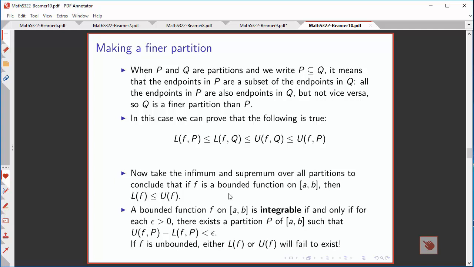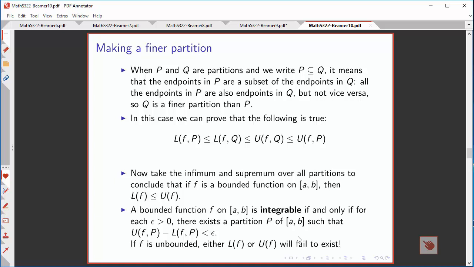How can we test for Darboux integrability? Well, that in fact turns out to be fairly easy. Pick a positive epsilon. If for any positive epsilon you can find a partition with the property that the upper Darboux sum exceeds the lower Darboux sum by less than epsilon, then the function is integrable.